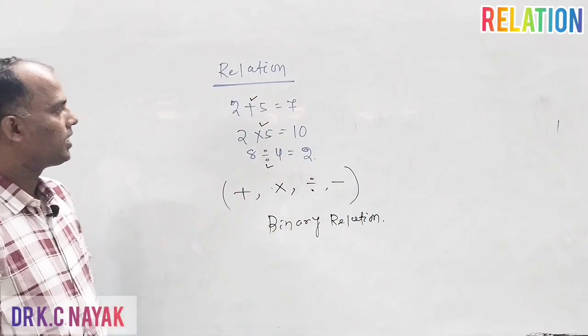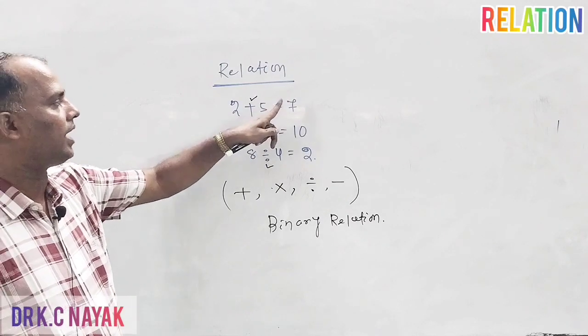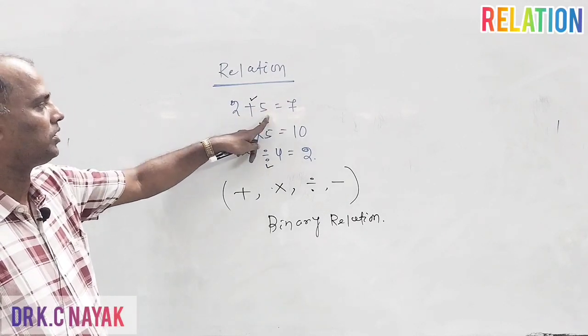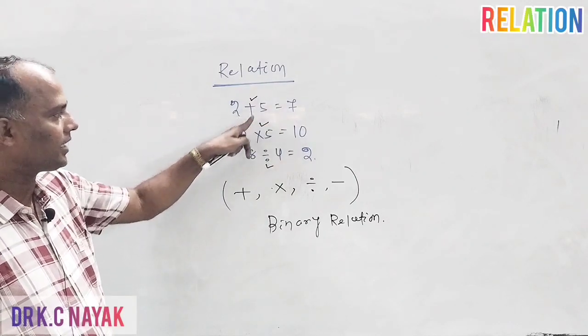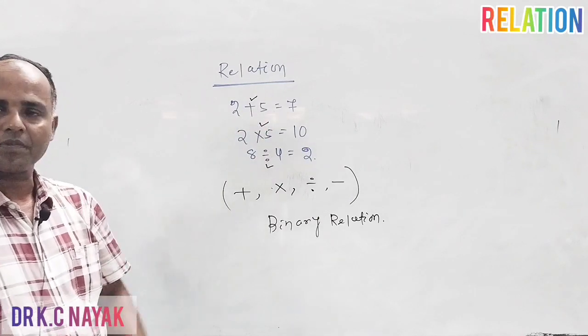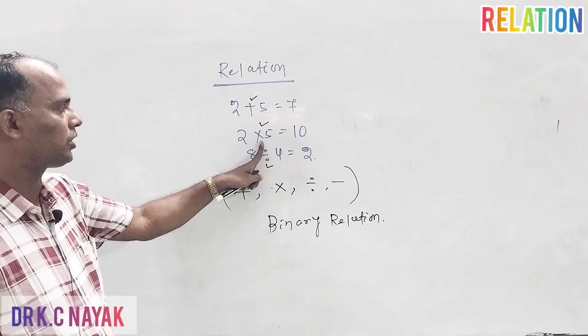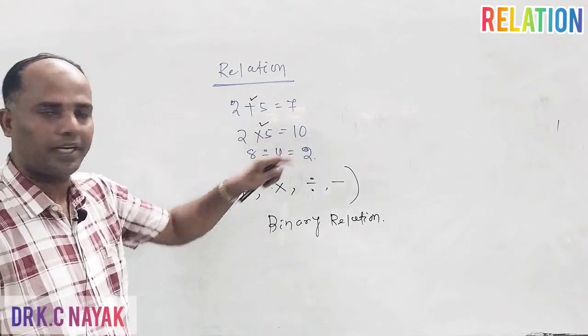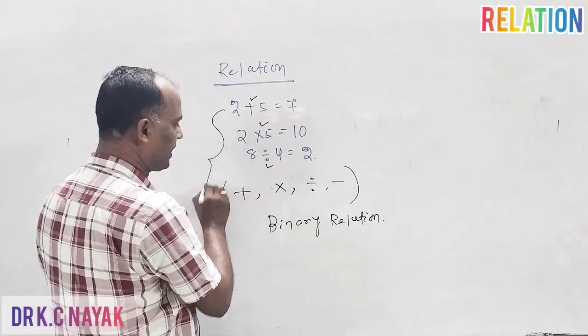Just you see, when we add two numerics, 2 and 5, it is 7. That addition represents a relation between two elements 2 and 5. Similarly, product or multiplication is a relation between two numbers: 2 into 5 is equal to 10. In a similar way, it is represented as binary relation.